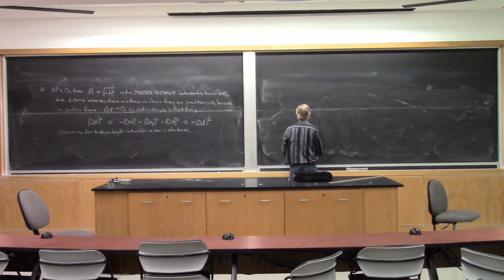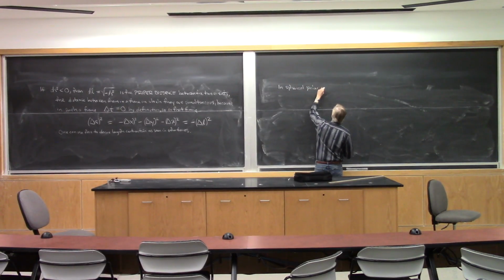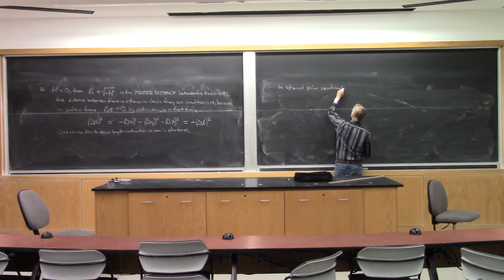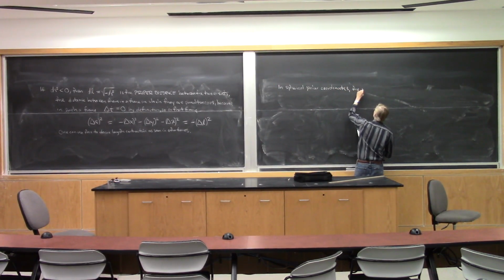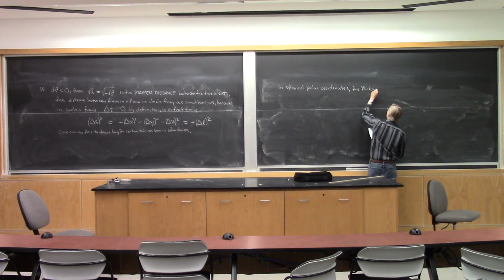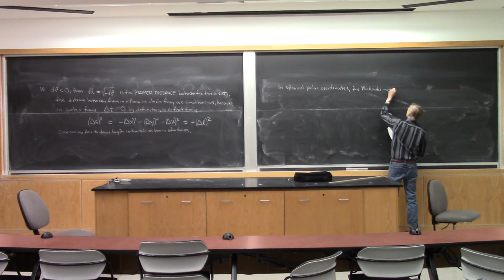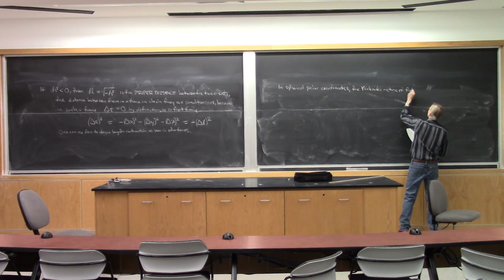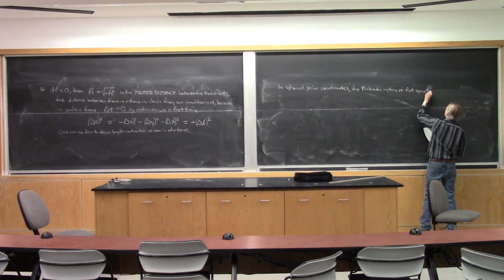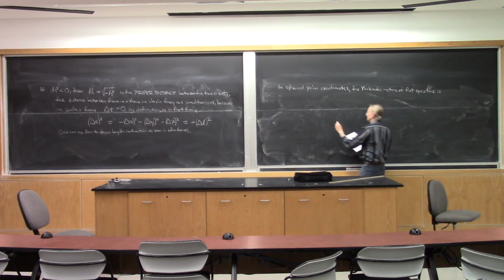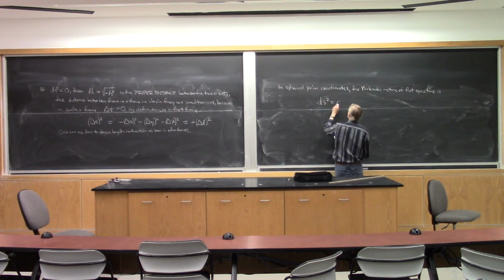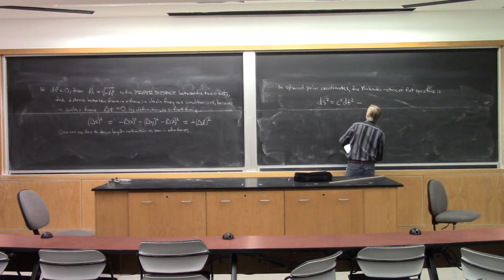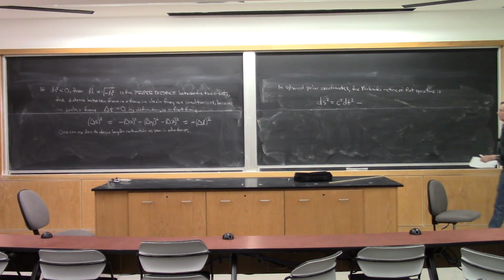So, in spherical polar coordinates, the Minkowski metric of flat space-time will be ds squared equals c squared dt squared, and then it's always minus, minus the distance squared between the points.